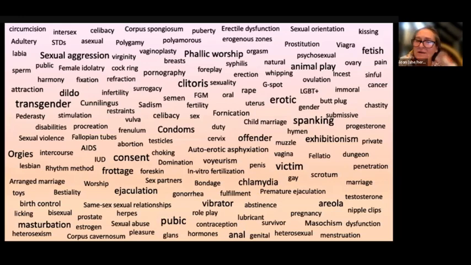Is there anybody else? I'm also seeing areola. What is that? It is the dark or black colored area found on the female breast. Yes, the areola is the darker area that surrounds the nipple of the breast.